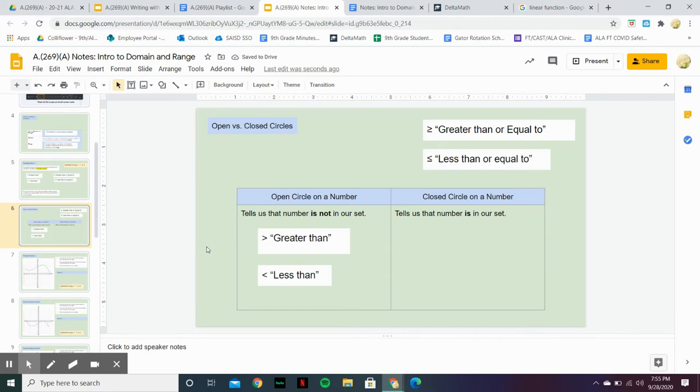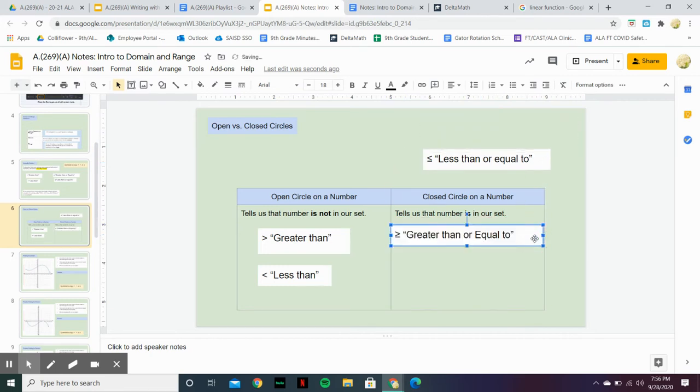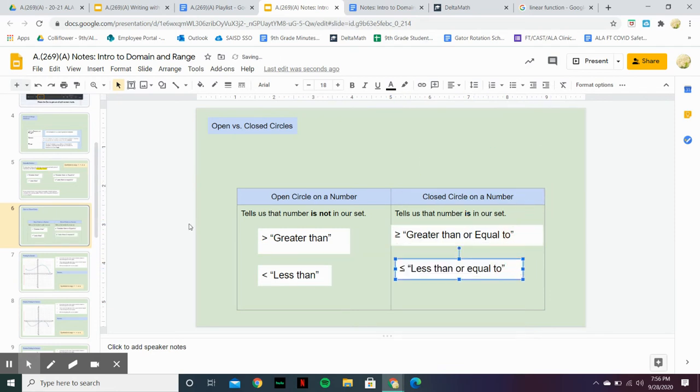And if it's not equal to it, then it cannot be in our set of numbers. If you see a closed circle on a number, then that tells us that that number is in our set. So that number could be equal. So we could have it greater than or equal to, or we would use less than or equal to. And we're going to see examples of that right now.